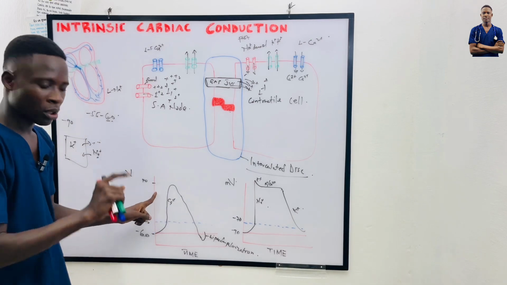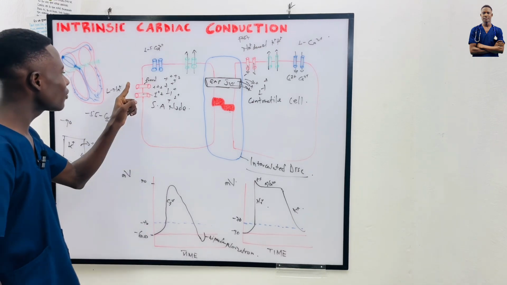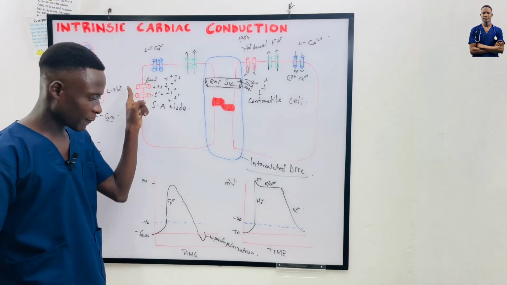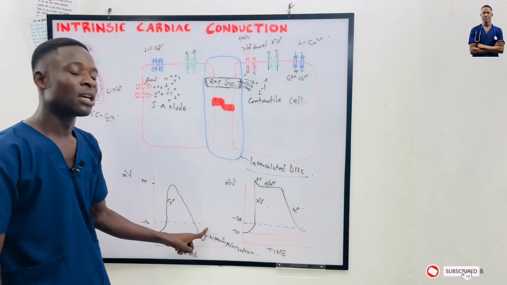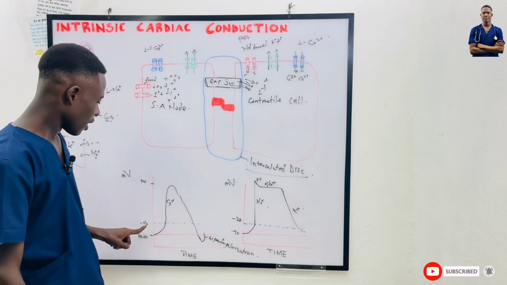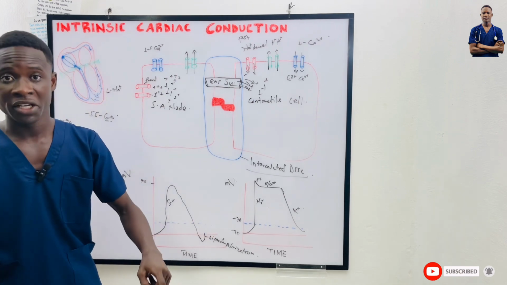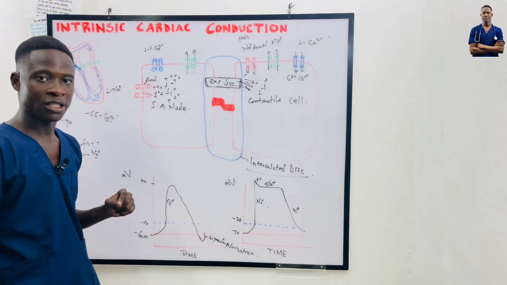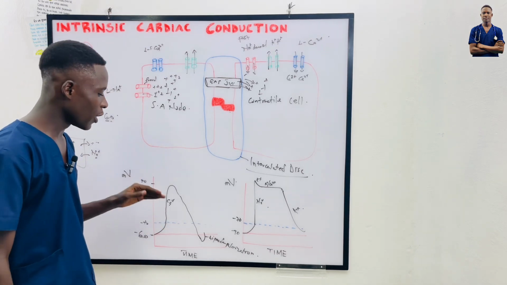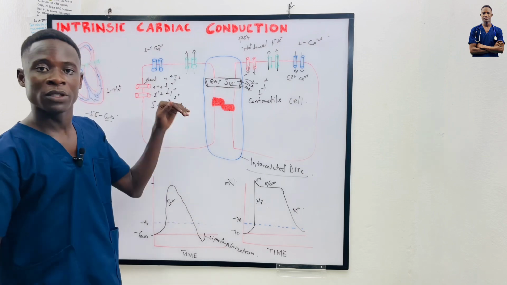But this one, no, because of the leaking sodium channel over there, when you bring it back, it will leak and bring it to negative 40. And when it reaches negative 40, it will get the calcium channel to open also. And when they open, the process will continue.